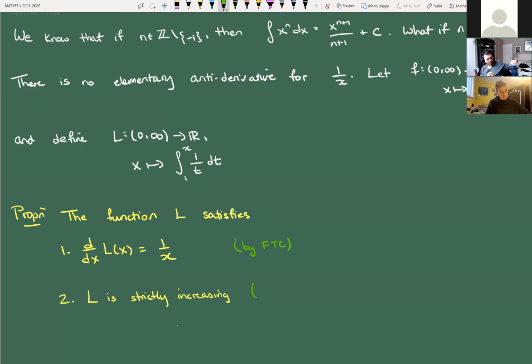Any guesses? Right. Okay, yeah, so there's a couple things here. So Summer, you're very close. You want that 1 over x is positive, right? And Nicole, exactly. So by 1, the derivative is positive, right? So yeah, L prime of x equals 1 over x is greater than 0.